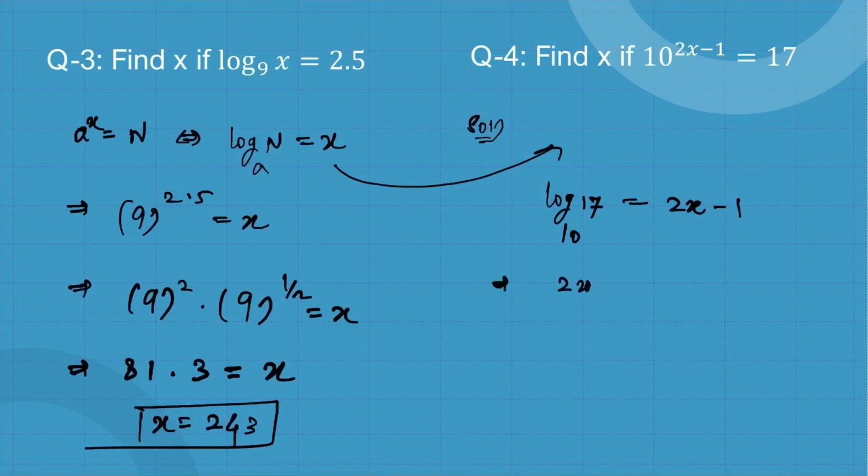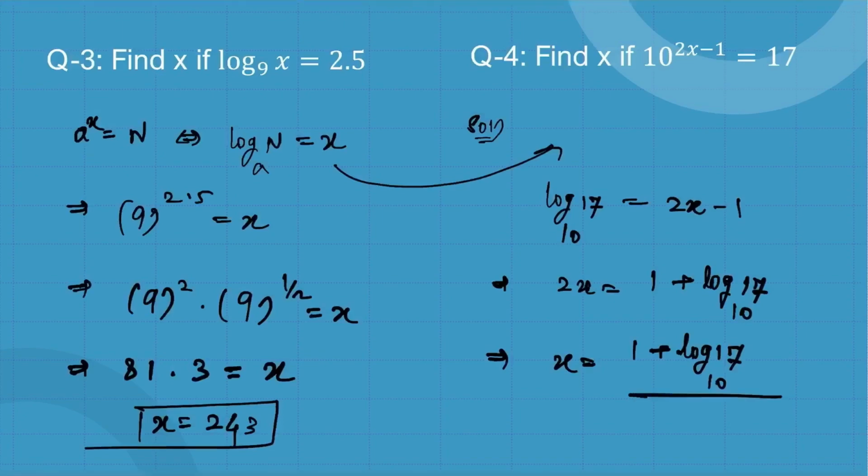So 2x will be equal to 1 plus log 17 base 10, which implies that x will be equal to (1 plus log 17 base 10) over 2. This is the value of x.